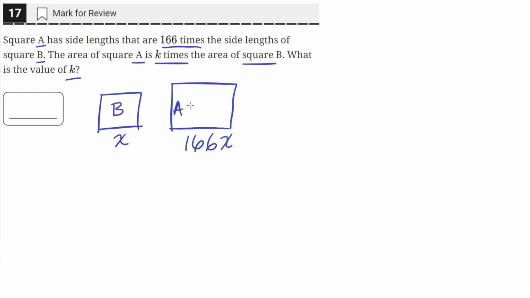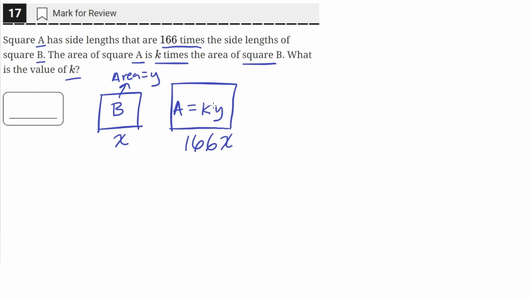And the area of square A is equal to k times the area of square B. So we'll just say the area of square B is y, so we'll say it's ky. What is the value of k?